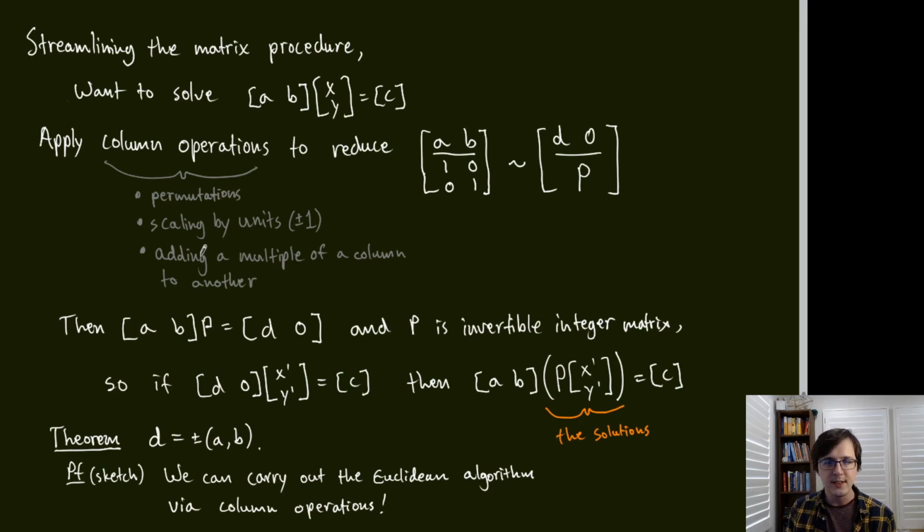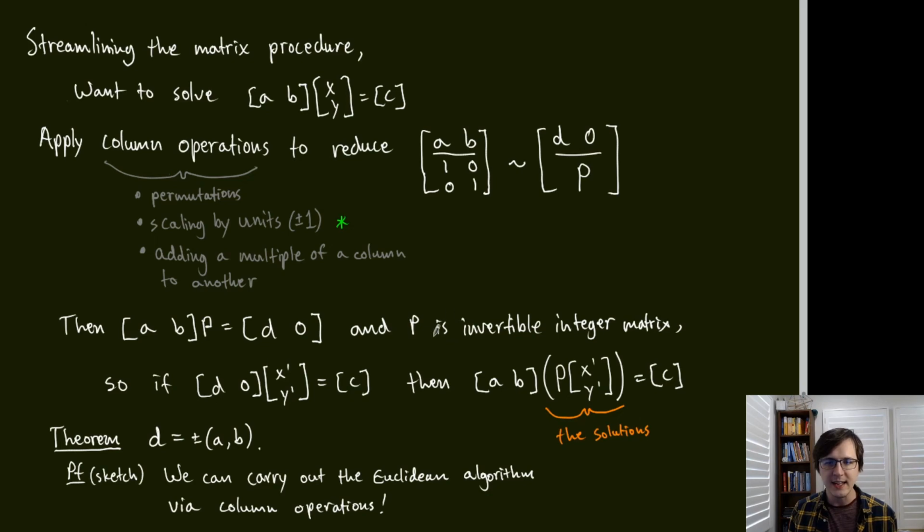So then there's also adding a multiple of a column to another, which is just like adding a row of a matrix to another. So really the only thing that's different is that we're only allowed to scale by units. And once we've gone through this procedure, then it turns out, as one can check, that the 1 by 2 matrix AB times this P matrix that we get down below is D times 0.